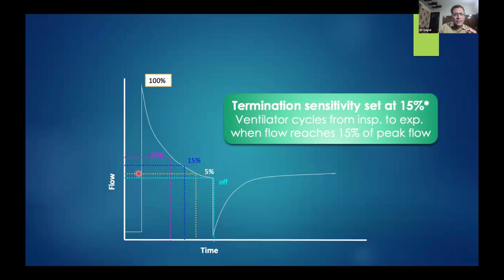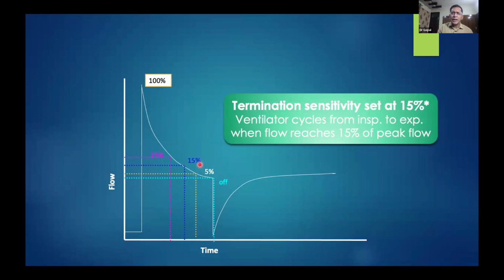Whenever the flow is 15% of the peak flow, suppose I say the peak flow is 10 liters per minute, if it reaches 1.5 liters per minute, it will go into expiration. It will not wait for the complete I time. So here, it's not time cycled, but flow cycled ventilation. The cycling will occur not because of a fixed time duration, but it will be a flow cycle.